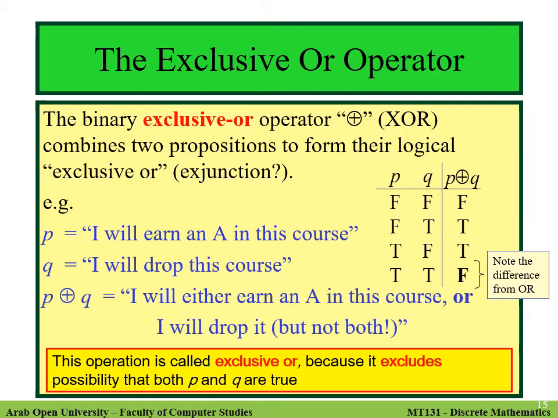For example, F XOR T is true, and T XOR F is true. The second and third lines are where the statement will be true because they have different truth values. If they have the same truth values, false and false, or true and true, the XOR will be a false statement.